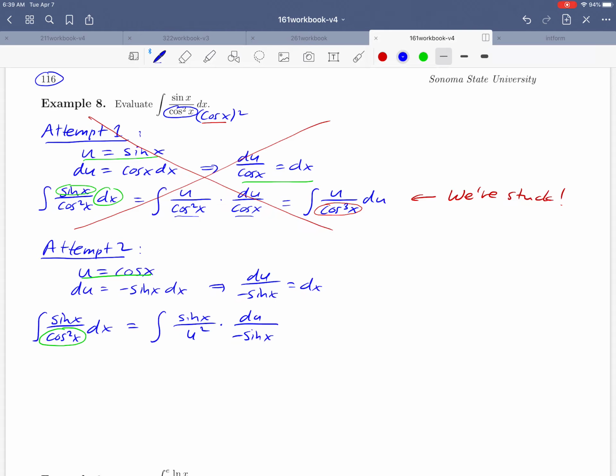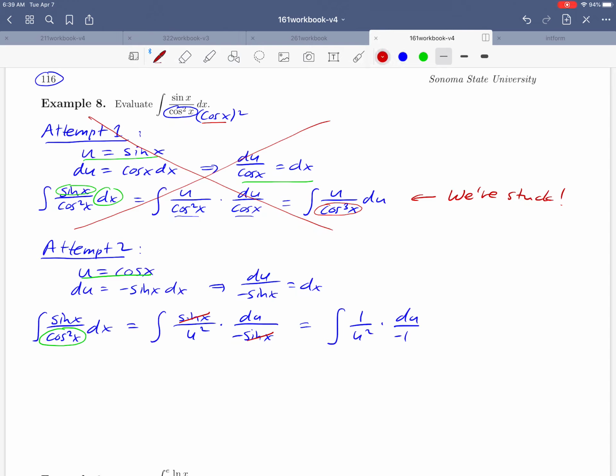Does that look better than what we had before? Well, notice the signs are good here because sine of x cancels. So what's left over in our integral? The sine of x in the top canceled, so we've got a 1 over u squared, and then we've got a du over negative 1. The negative 1 survives.